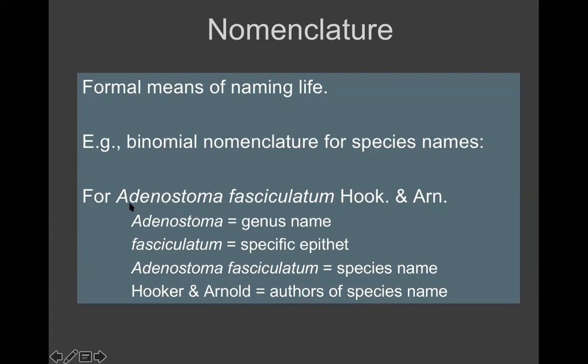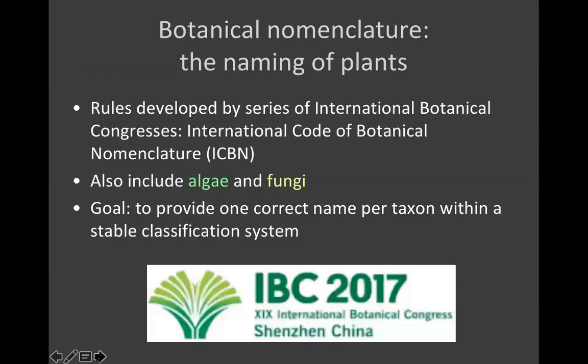The genus and the specific epithet are always italicized when you write a Latin binomial name, or a scientific name. You'll also notice that the genus is capitalized and the specific epithet is never capitalized. It's always lowercase.